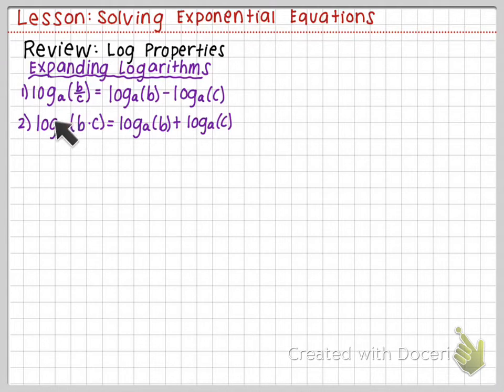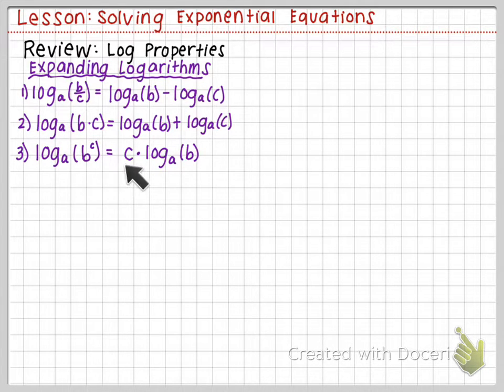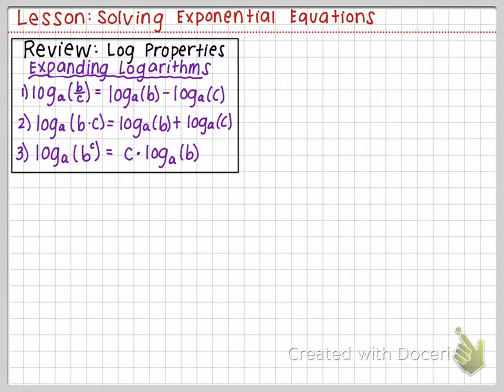So log base a of b, log base a of c, and we put a plus sign in between. When we have a logarithm raised to a power, we can bring it down into the front and make it c times log base a of b, and that c goes to the front. Those are three different expanding logarithm properties, so that's just a review.